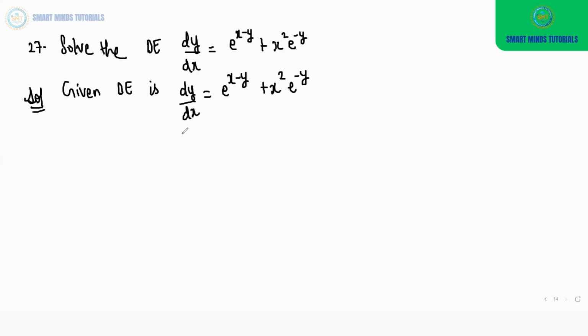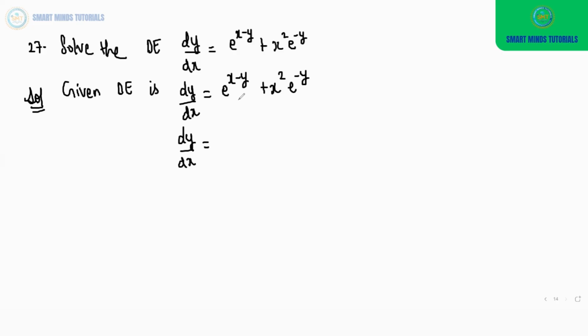This is an SAQ, 4 marker. So now how to separate them? In the last problem, we took common and we separated. Here, taking common is also not possible. You don't have anything to take common.